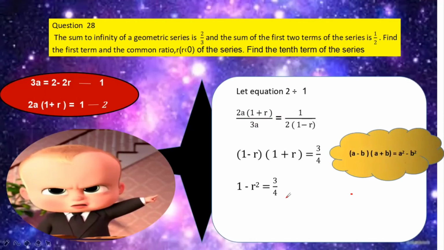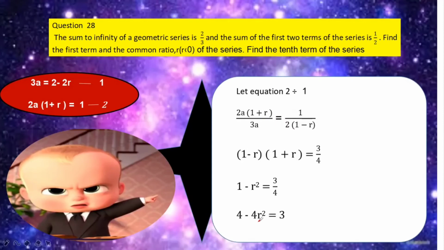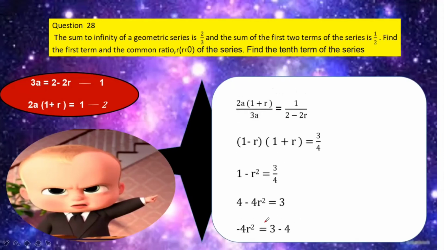Then I will bring the 4 to the left side of the equation. I'll multiply 1 minus r square and I'll get 4 minus 4r square equals 3. Next step is to bring the 4 to the right side of the equation. When I bring the positive integer to the right side of the equation, the positive changes to a negative integer. So I will get negative 4r square equals 3 minus 4.